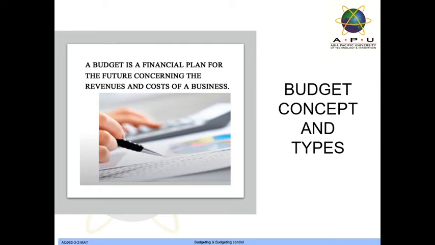It depends on the company whether you prepare the budget annually, once a year, or quarterly, 4 times a year, or monthly. We have 12 months per year, so that means you prepare 12 budget reports per year. Then we compare with the actual performance to establish any variance.